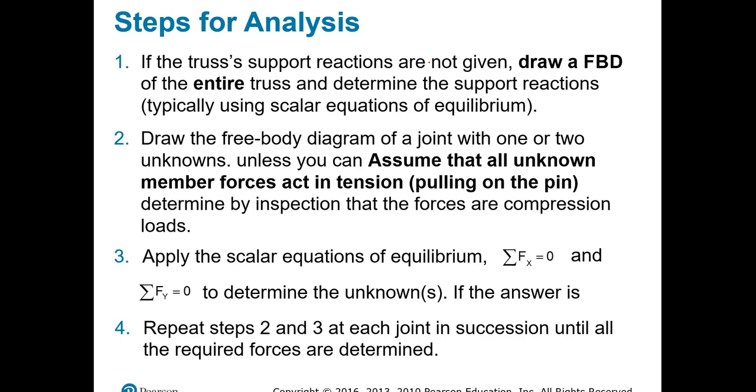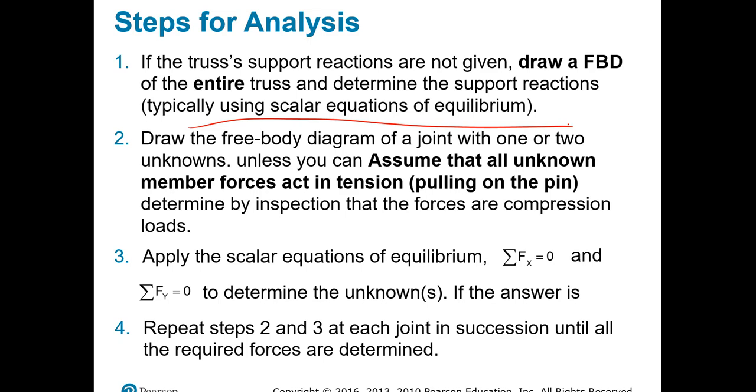Usually to solve that, we need to use the equations of equilibrium with the whole truss. Then after that, we need to draw the free body diagram of the joint with one or two unknowns. And usually we will assume all the time that the forces are in tension, and obviously if we get a negative value, then that will mean that it was not in tension, it was actually in compression. But that's very important.